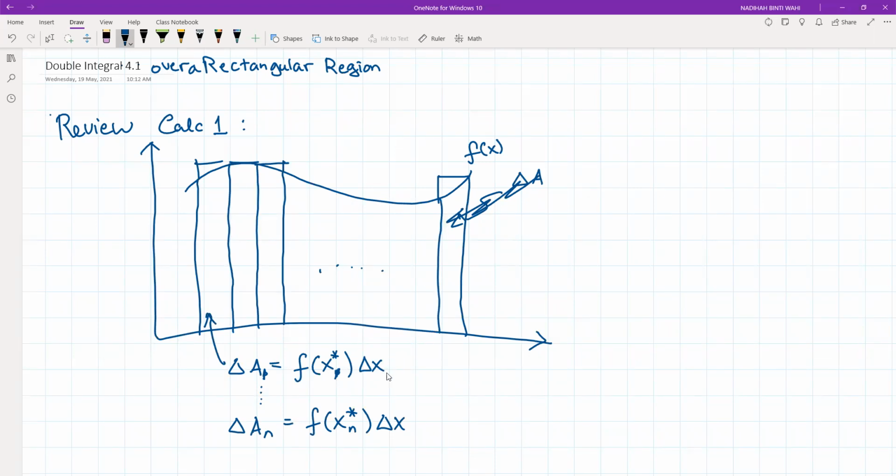Apa tu delta x? What is delta x? Tengok area kat sini. Apa tu delta x? Differential. Not there yet.